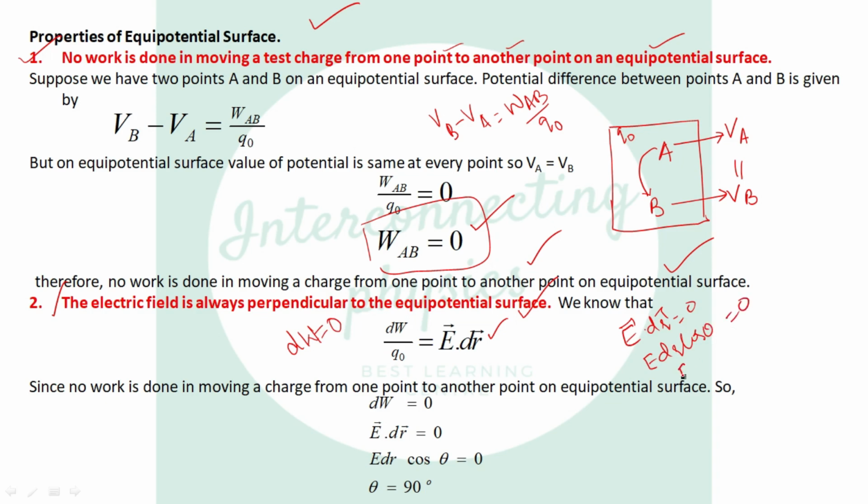Since E cannot be 0, and the space between two equipotential surfaces cannot be 0, what will be 0? Cos theta. So theta is 90 degrees, and theta is between the electric field and the dr vector.